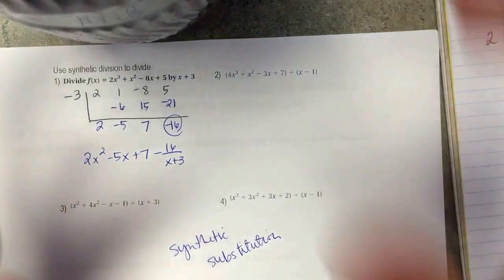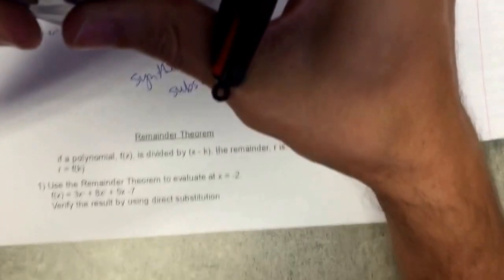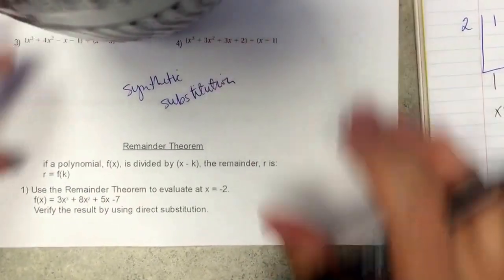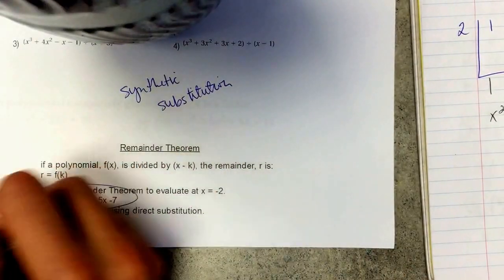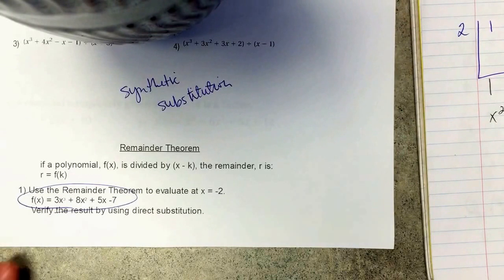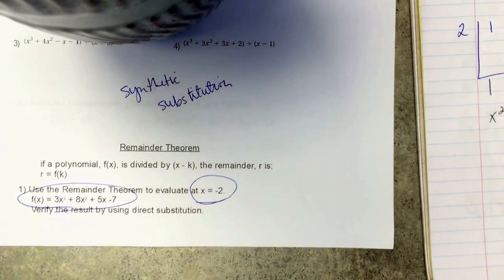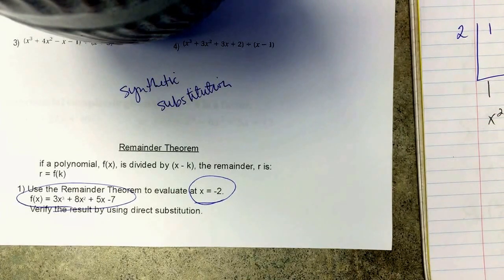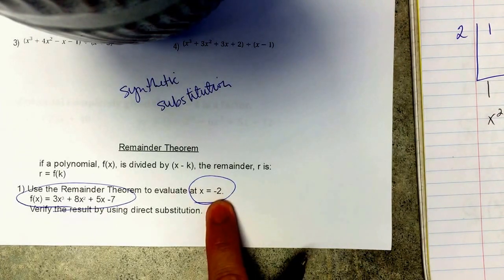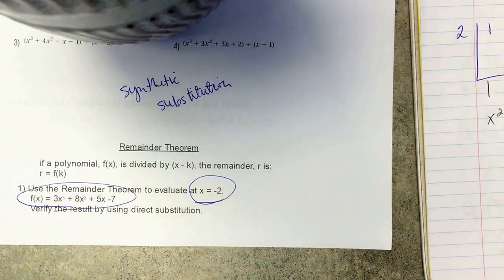Synthetic substitution. There's this theorem called remainder theorem. And what it says is, if you take this polynomial and you do synthetic division with that number, you're going to get the exact same answer as the remainder as you would get if you just plugged -2 in the equation.